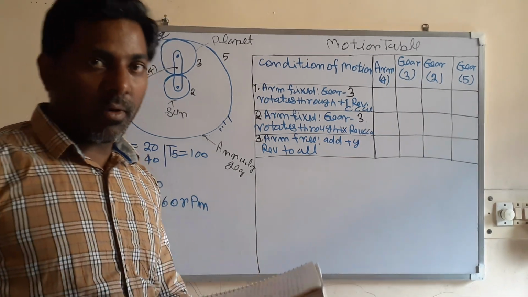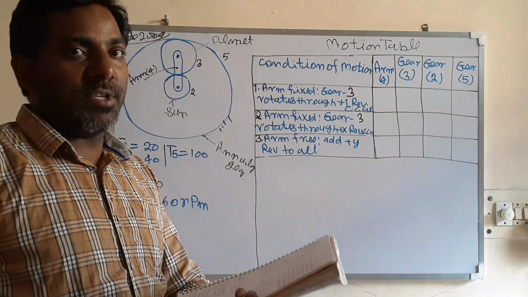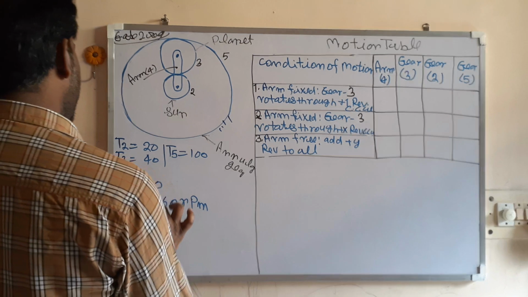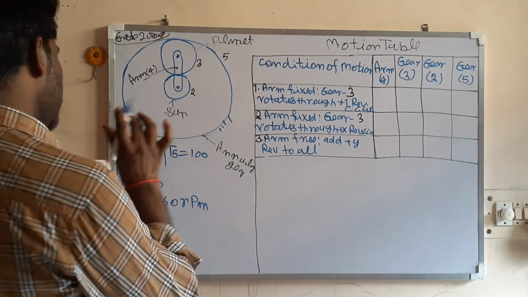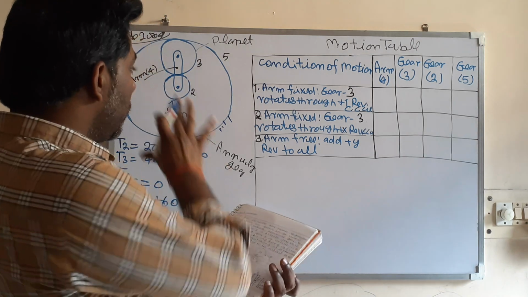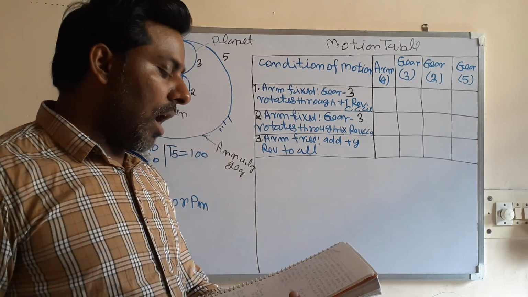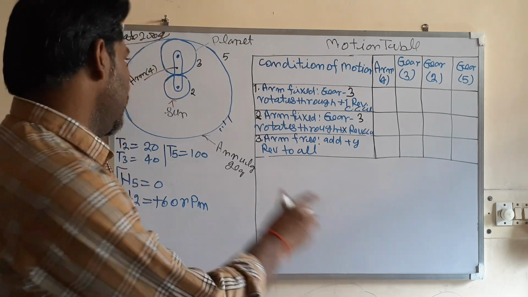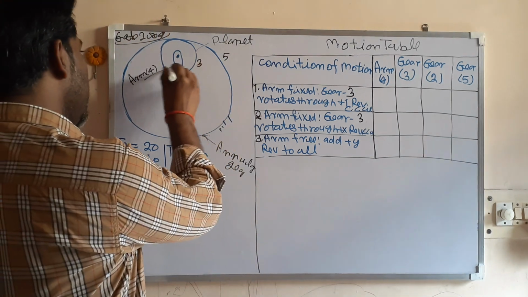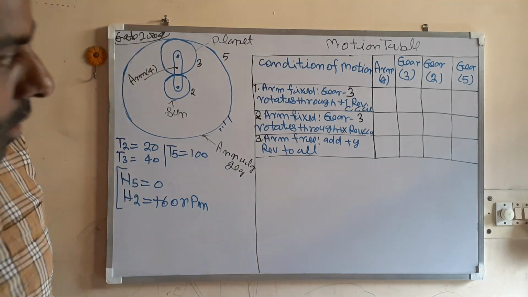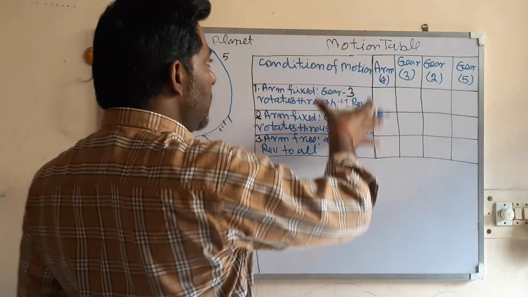Counterclockwise is generally taken as positive in all examinations, so counterclockwise means plus. These two conditions of motion are given. In the GATE 2009 question, he is asking for the speed of the arm attached to the output shaft, that is, the speed of arm 4.